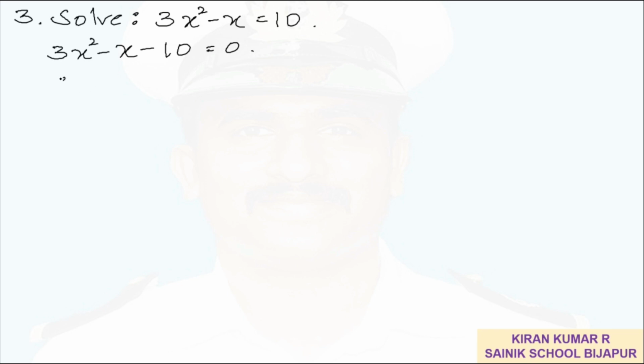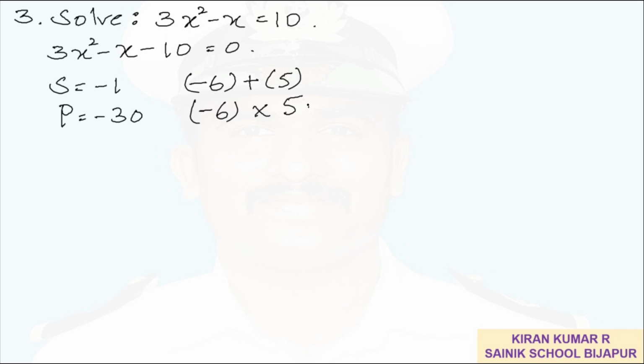Now we should get the sum as negative 1 and the product as negative 30. It is possible when we take negative 6 added to positive 5, negative 6 multiplied by positive 5. Therefore, the equation becomes 3x square minus 6x plus 5x minus 10 equal to 0.